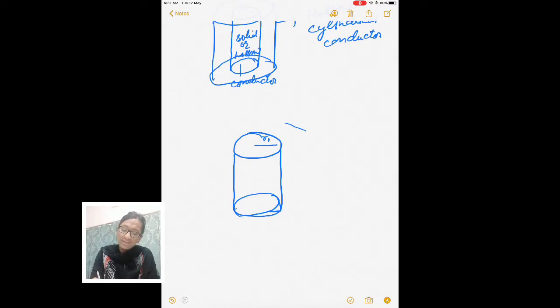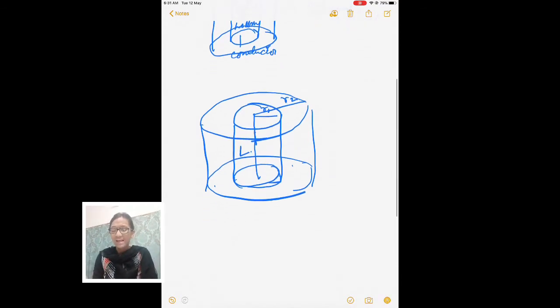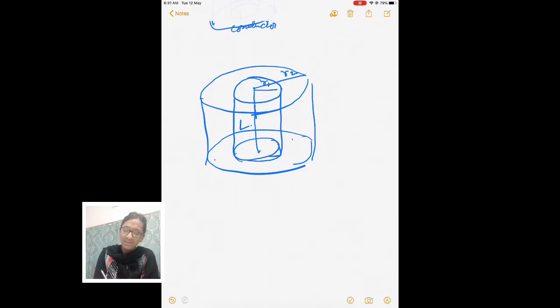And there is an outer cylinder with radius R2, and let the length of this cylinder be L. Let me write everything.